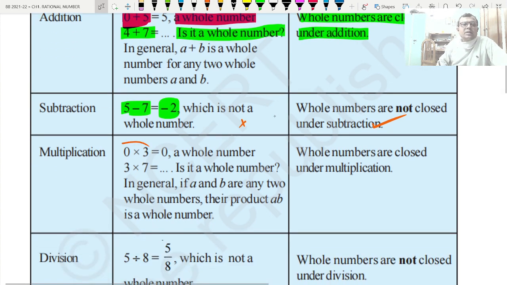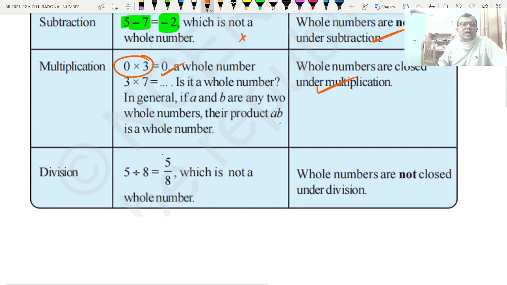When two whole numbers are multiplied, the product will also be a whole number, always. So whole numbers are closed under multiplication. Now let us see division. Any two whole numbers you take and divide. Is the answer a whole number? No, it is not a whole number. So the whole numbers are not closed under division.